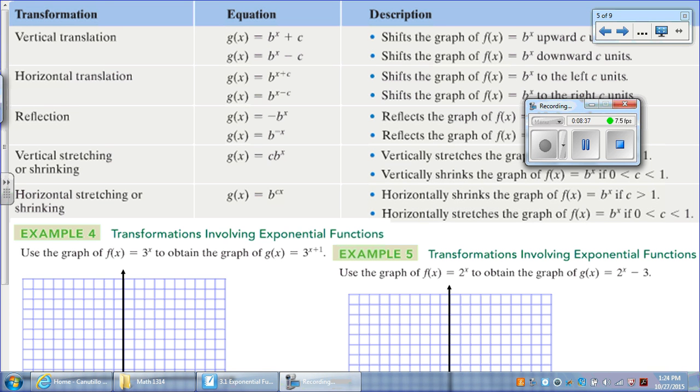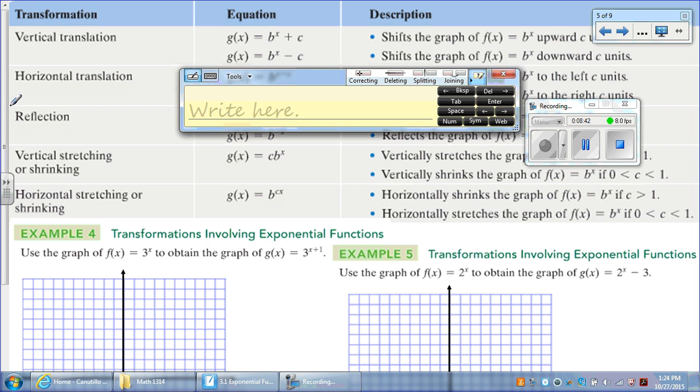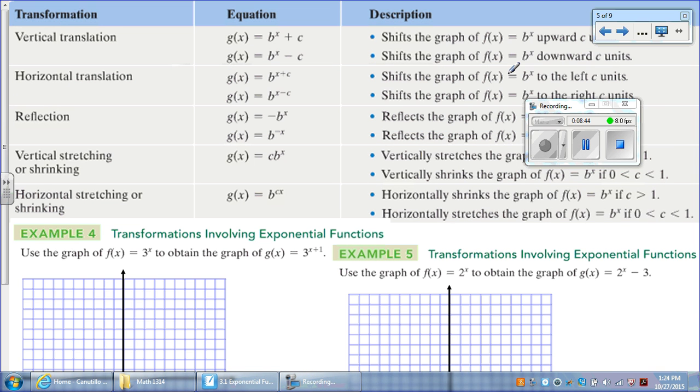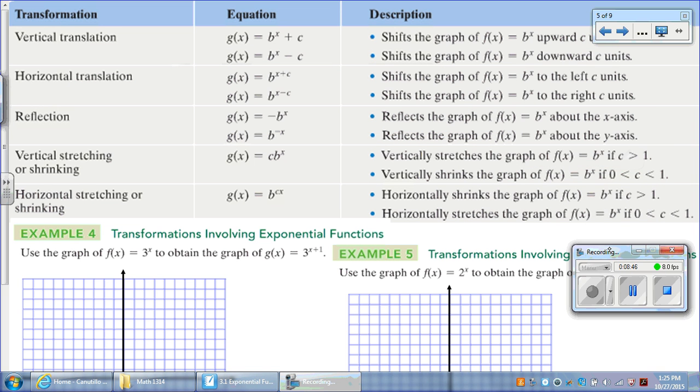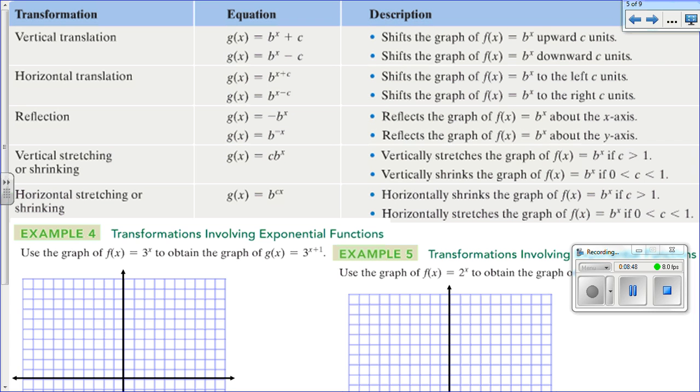All right, now we're going to go over the basic transformations that we have studied since chapter 1, actually since algebra 2. But let's do a quick review. For exponential functions, we do have all the basic transformations: vertical translation, horizontal translation, reflection, vertical stretching or shrinking, horizontal stretching or shrinking. So let's go over vertical translation first.